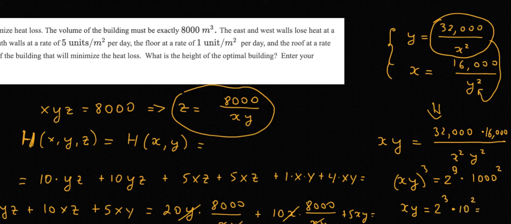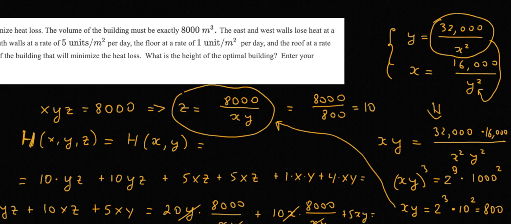And so x times y is 800 at that critical point. Now if we plug that into the equation for z, we'll find that z equals 8000 divided by 800, and that is equal to 10.